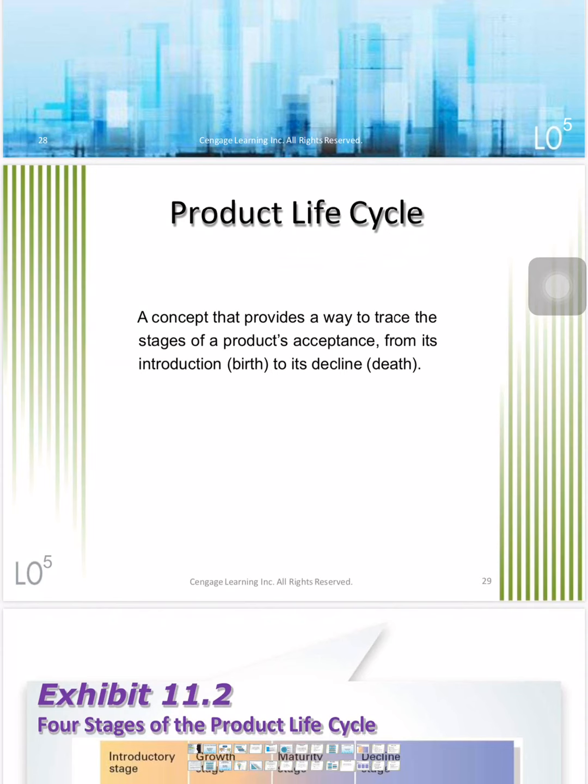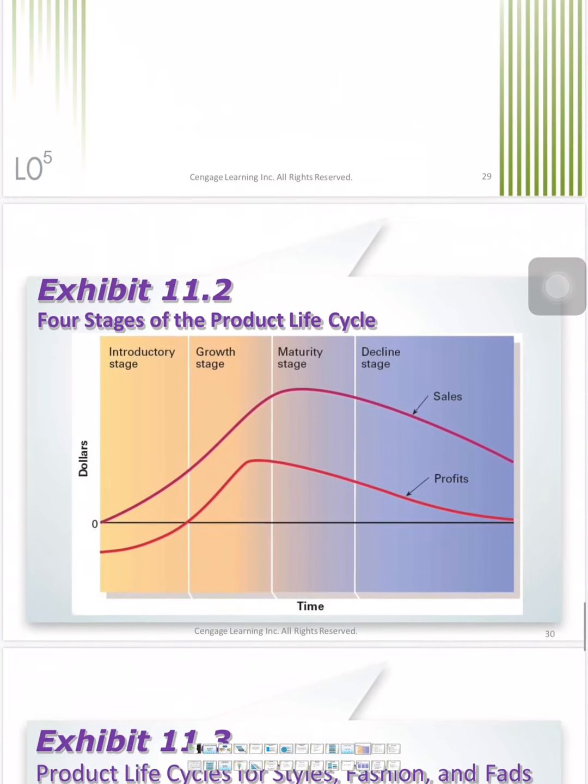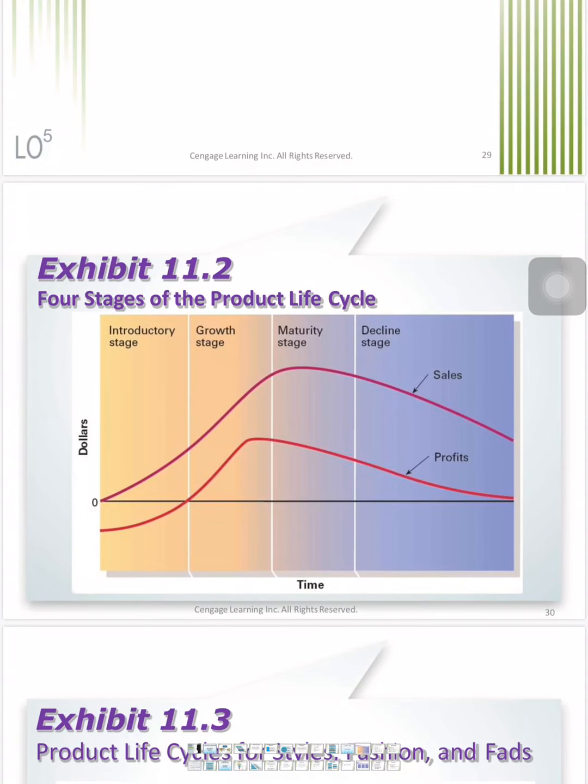How to trace the stages of the product acceptance? For example, here is Exhibit 11.2, which I got from the ebook. They have 4 stages of the product life cycle, which are introductory stage, growth stage, maturity stage, and also decline stage.